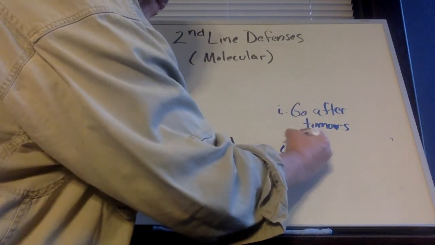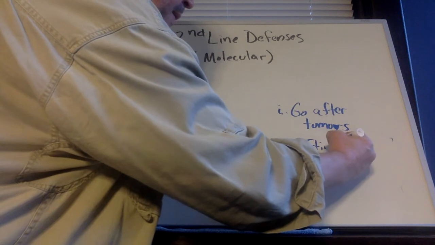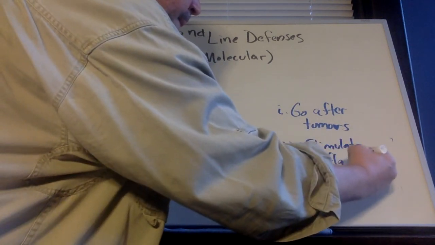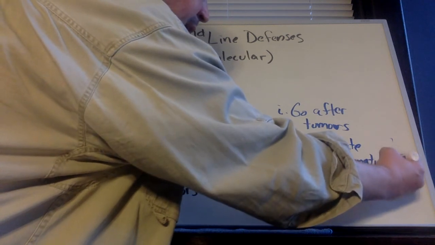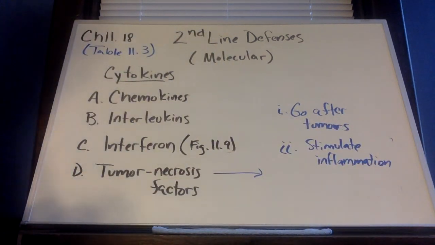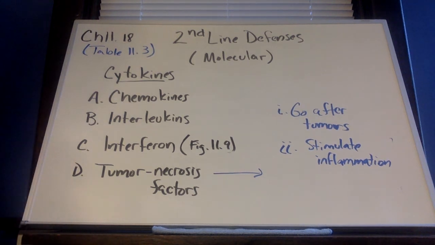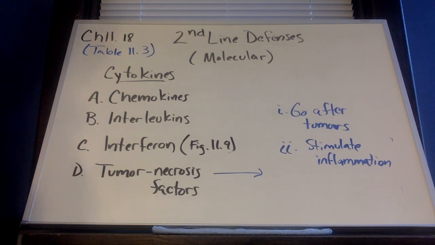But this can also stimulate inflammation. And as we'll talk about in the next section, that's a very important way for eliminating pathogens. So those are our cytokines, our chemokines, interleukins, interferon, and tumor necrosis factors.